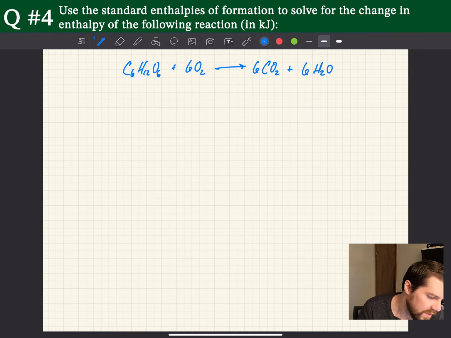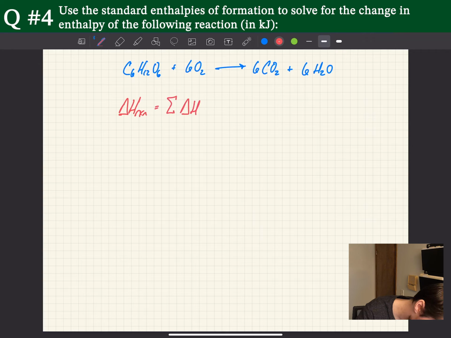Okay, for number 4, this is using the enthalpy of formation to solve for the change in enthalpy in the reaction. If I have enthalpies of formation, delta H reaction equals the sum of the enthalpies of formation of the products minus the sum of the enthalpies of formation of the reactants.